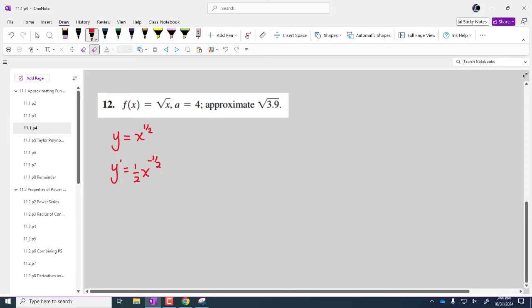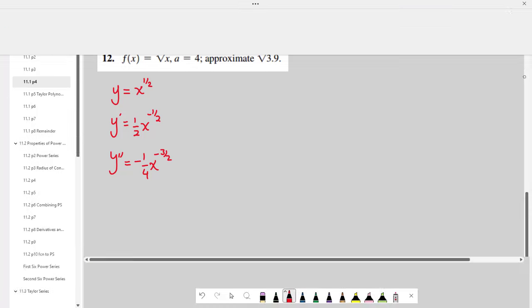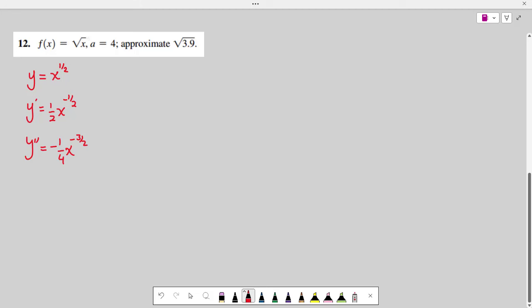So there is the function and its first 2 derivatives. And then the next column is the function evaluated at the center and the derivatives evaluated at the center.